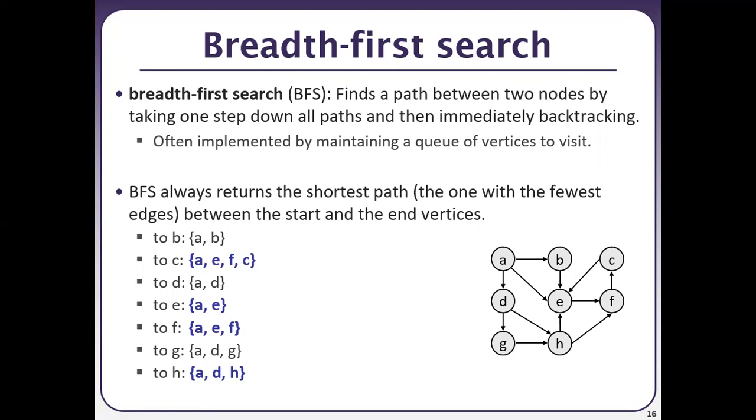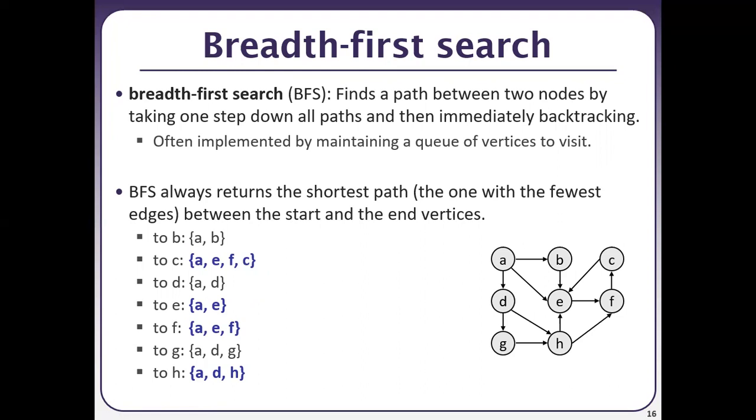But in breadth first search, we will travel the path breadthwise before moving forward to the adjacent node of another node. So it finds a path between two nodes by taking one step down all paths and then immediately backtracking.